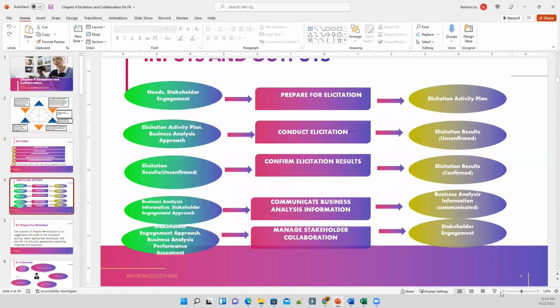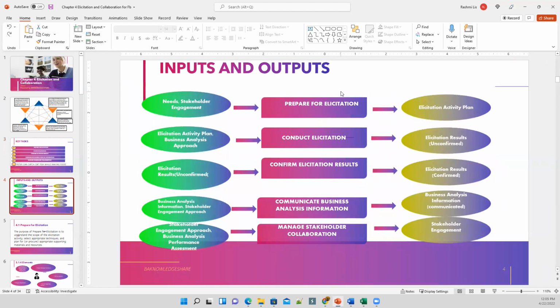Now, speaking of inputs and outputs to these tasks, you have needs and stakeholder engagement, which come from the previous chapter, the business analysis planning and monitoring chapter. In that case, you would prepare for elicitation and the output would be the elicitation activity plan.